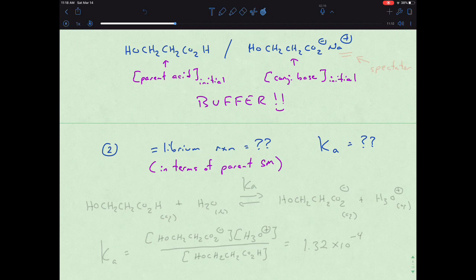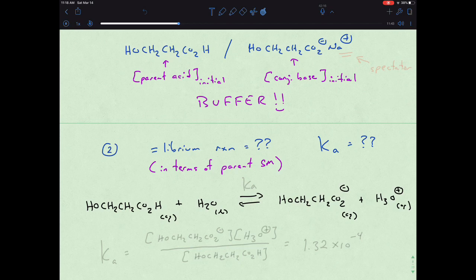So if we put together our equilibrium reaction, we put it in terms of the parent as the starting material. That means we have glycolate on the product side and our hydronium ion.